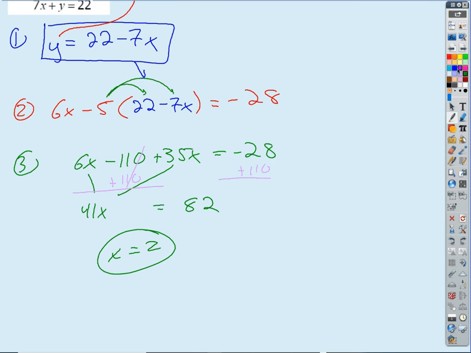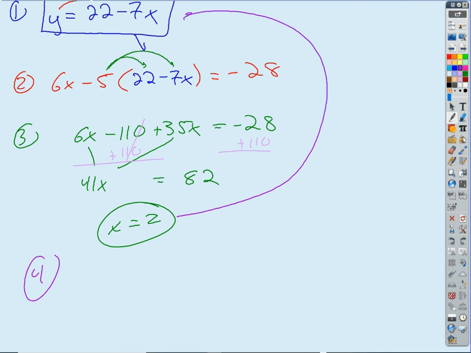So step 4, if I plug the x back into the boxed equation, I'm going to get y equals 22 minus 7 times 2, which is 22 minus 14, which is what?